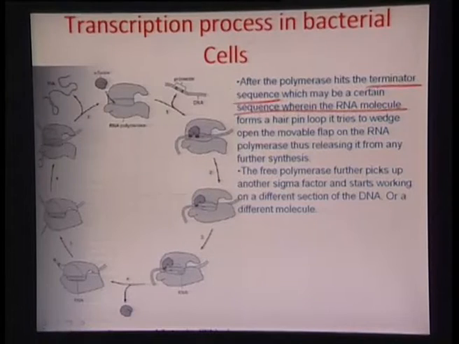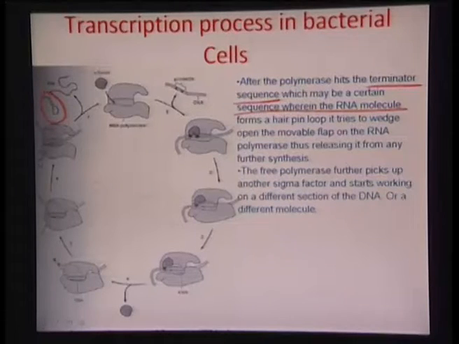So, typically there could be mechanisms like, let us say the RNA molecule hits upon some kind of a hairpin loop like structure here. So, the molecule that has just emerged because of this stop codon, in that region it formulates some kind of a hairpin loop. And because this loop has been formulated which is not a normal sequence, there can be a sudden jerk or a conformation change which can also cause this detaching movement to happen.